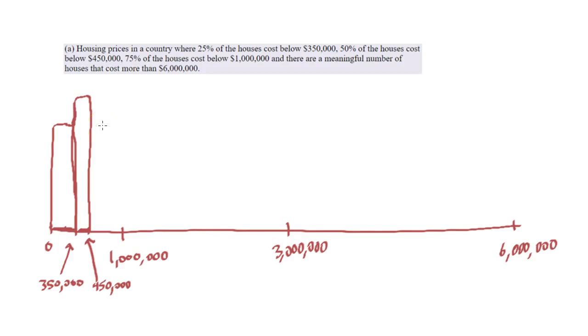Okay, and then 75% of the houses cost below 1 million. Keep in mind that we already have 50% here. And then we have 25% that are in between 1 million and 450,000. So this is a wider interval than both of these.